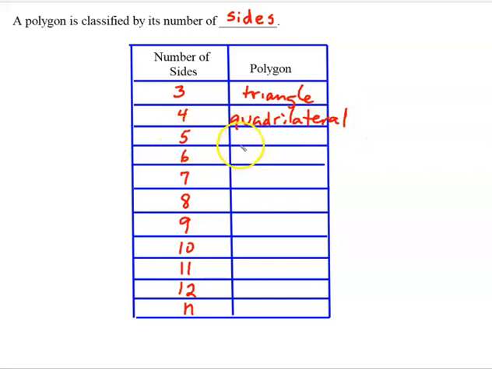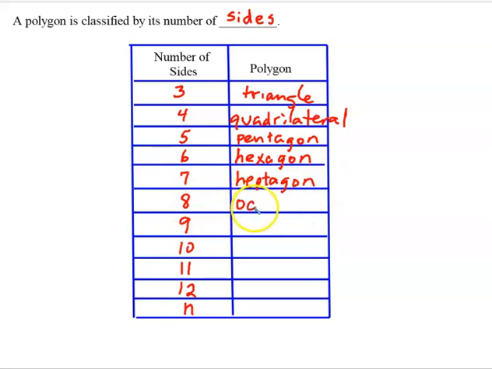Five sides, we're probably familiar with a pentagon, just like our Pentagon building up in Washington. A six-sided figure is a hexagon. Seven-sided is a heptagon, H-E-P-T, agon.